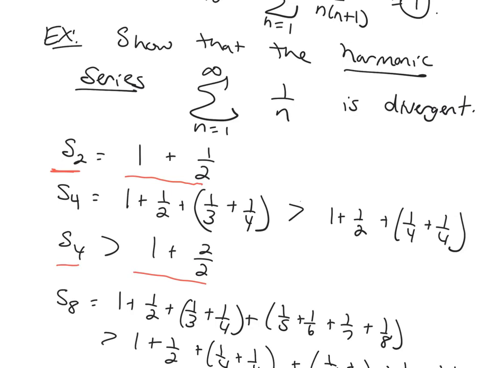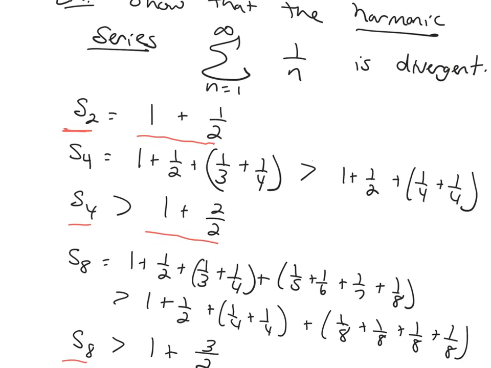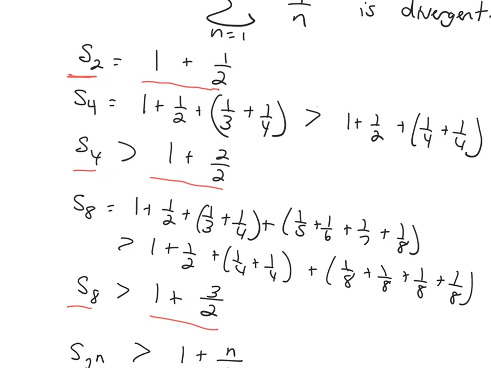What about the grouping, the inequalities? So this just came out of there being a pattern. There was someone who noticed, okay, if I look at powers of 2, I can see this relationship going on. So with S2, I got 1 plus 1/2. S4, which is 2 squared, its lower bound was 1 plus 2 over 2.